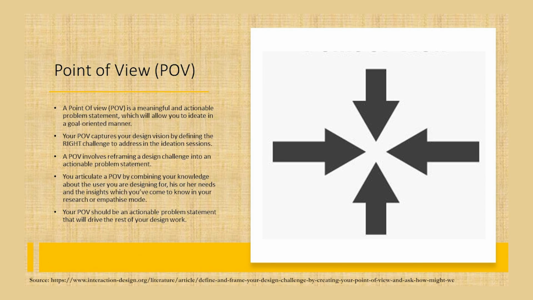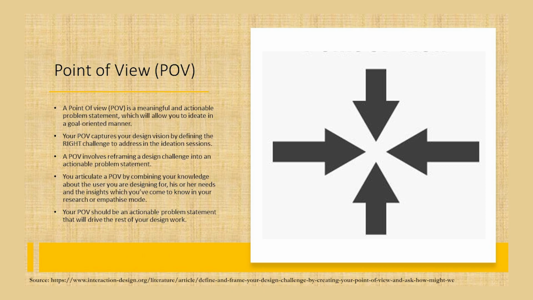So, you articulate this point of view by combining your knowledge about the user, okay, who you are designing for, his or her needs, okay, and the insights which you have come to know in your research or empathize mode. Okay. So, you combine all the knowledge based on your analysis of the user research, okay, understanding the customer needs or requirements which we talked about in the last slide, and the insights which have come in from the research or empathize mode.